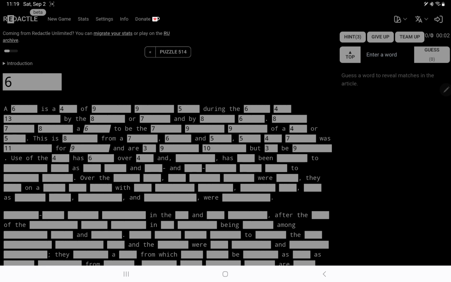Use of the 4 has fallen over time, and something has even been something to something as this, and 4 dash and 4 dash 7, 5, 5.